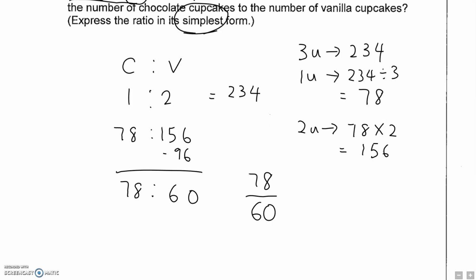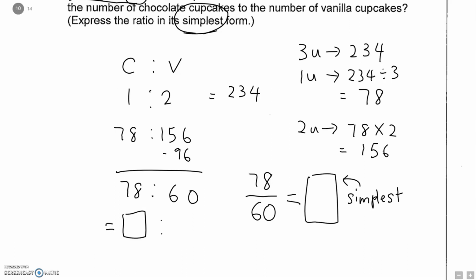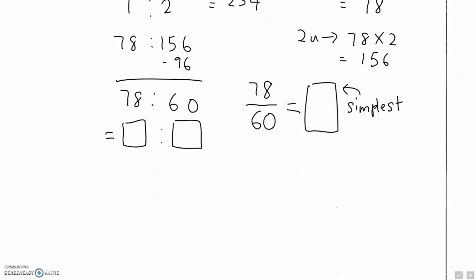Try pressing this in the calculator, 78 numerator, 60 denominator, and you press the equal sign, you will get a very, very nice number, which is the answer over here in the simplest form. But of course, whatever answer you have in the simplest form, put it back into ratio. This will be your answer, which I'm not going to tell you because I want you to work out trying using your calculator.